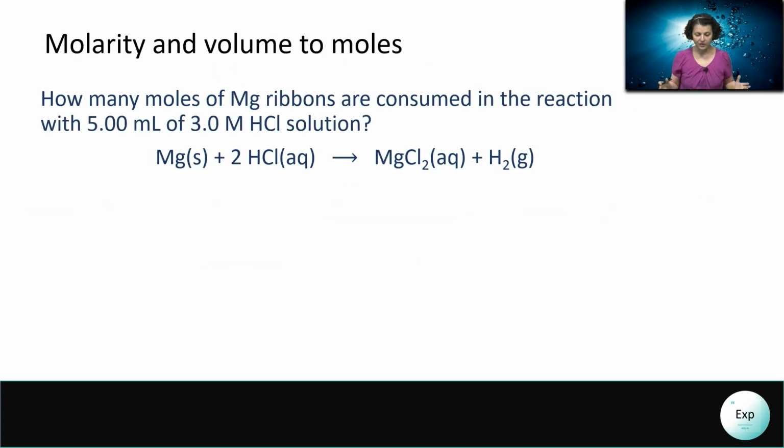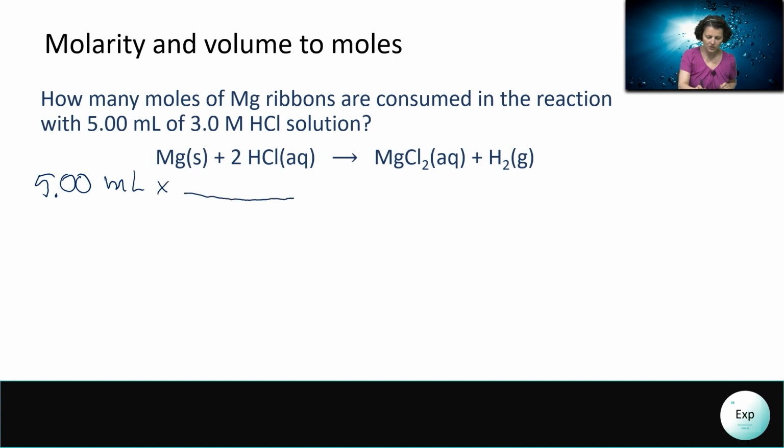Another way to enter a problem is if we're using an aqueous solution, we need to know the volume of the solution that we're using, and we need to know the concentration of that solution. The first step, because we usually measure volumes in milliliters in the lab, is to convert our volume from milliliters to liters. Here we start with 5 milliliters.